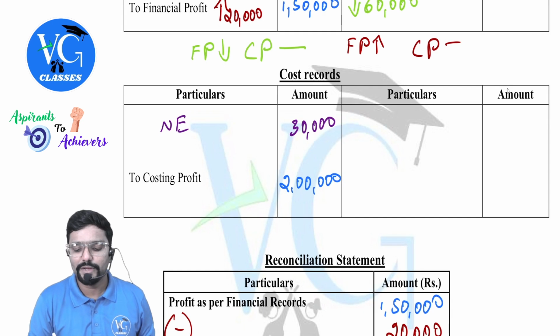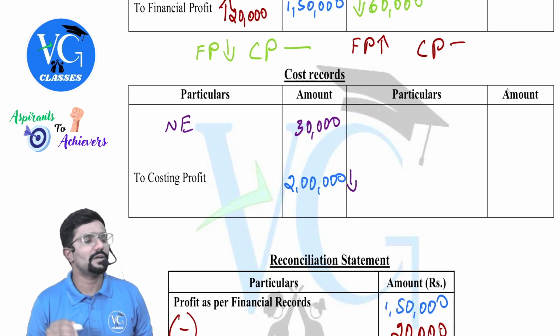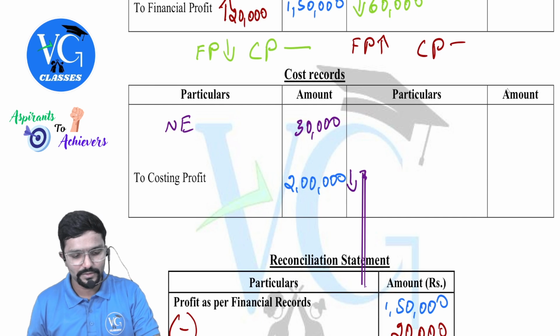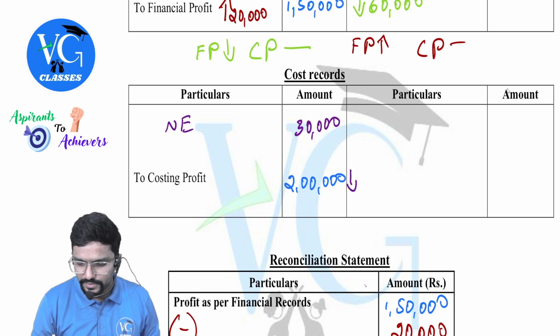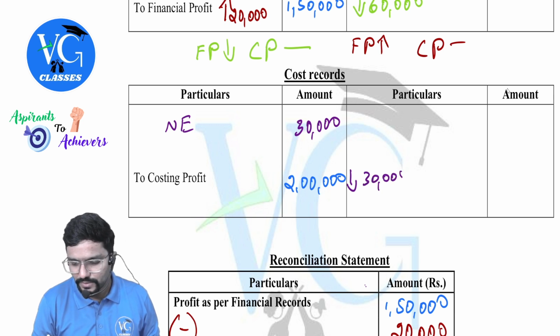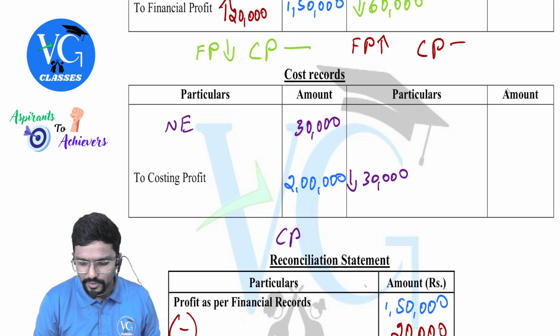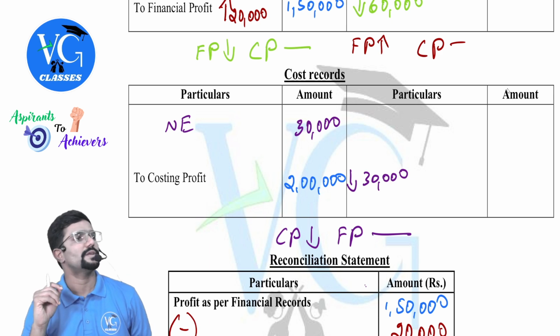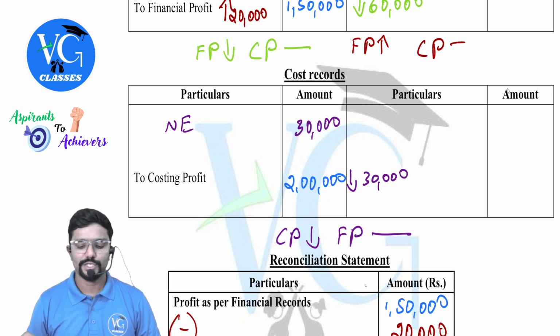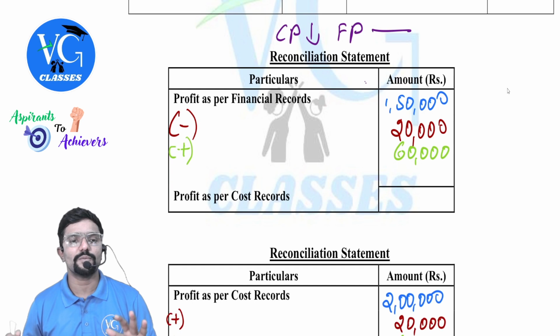Guys, because of this, my costing profit has gone down now. Gone down by how much? 30,000. Now, if I analyze, my costing profit has gone down, whereas financial profit has remained the same. Now, in reconciliation, what are we supposed to do?